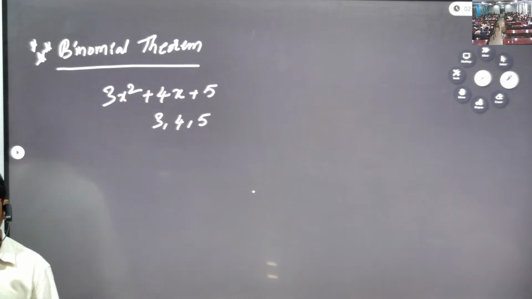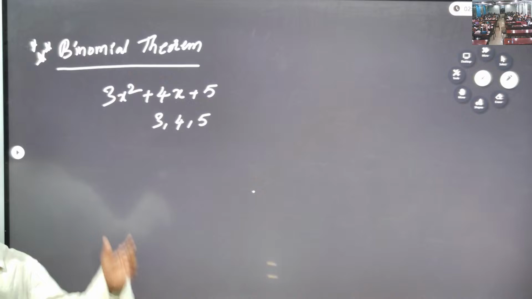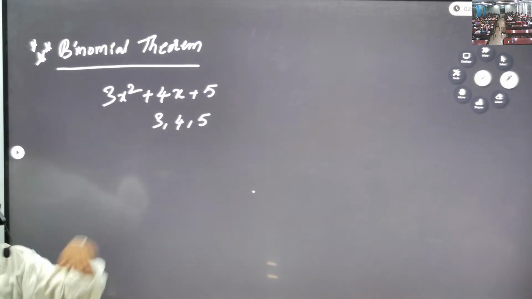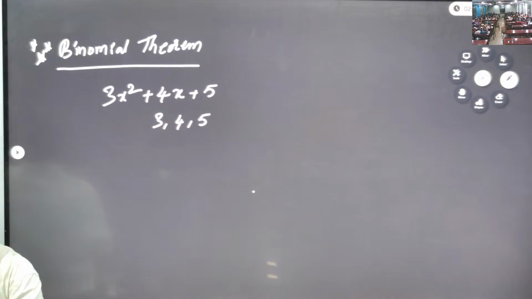If I want the result 3, 4, 5 as the coefficients of x, what is the value I should keep in order to get my coefficient values 3, 4, 5 for the given expression?